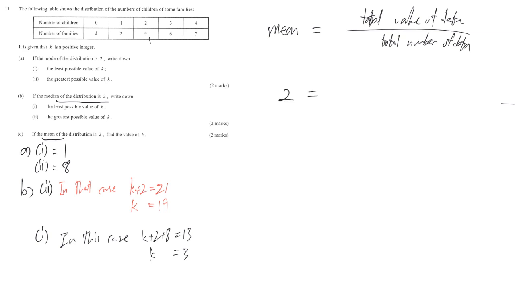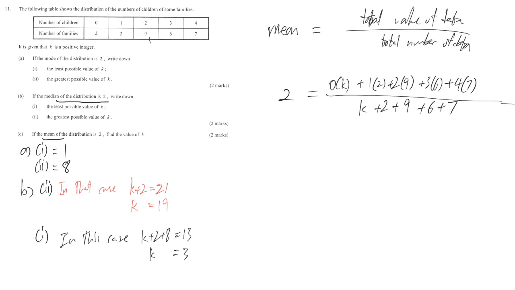And then the total is 0 appearing k times, plus 1 appearing 2 times, plus 2 appearing 9 times, 3 appearing 6 times, and 4 appearing 7 times. And then the total number is k plus 2 plus 9 plus 6 plus 7. So it simply gives you the relation, and you find the equation with only k as the unknown, so you can solve it.